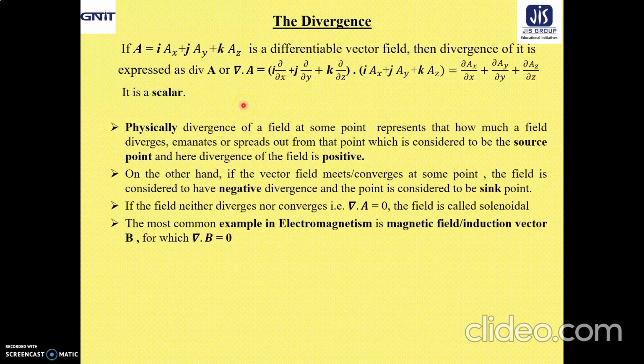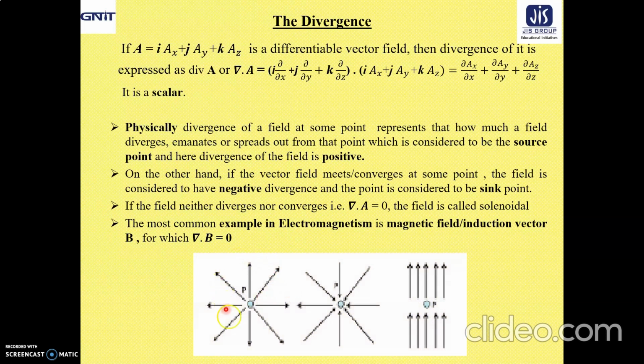Now let us come to the physical meaning. Physically, the divergence of a vector field at some point represents how much the field diverges, emanates or spreads out from that point, which is considered the source point, and here the divergence of the field is positive. In physics, the terminology is very much related to the meaning in literature, and it is very much applicable in our case.